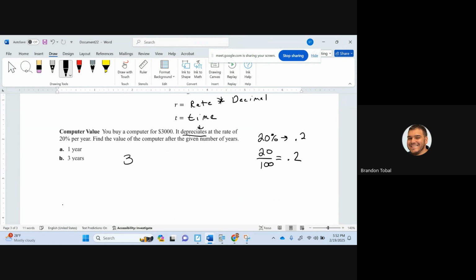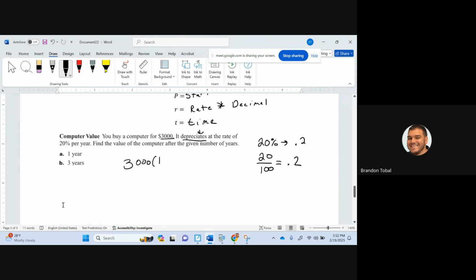So 3,000 is what I start off with. So 3,000 times 1. You always use a 1. That represents one whole. Since I'm losing money, that's minus 0.2 to the t power. In the first version, it's 1 year. So I'm going to put 1 here. So 3,000 times 0.8 to the 1 year.